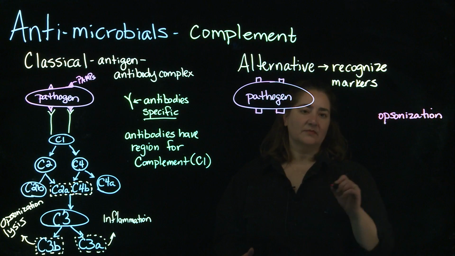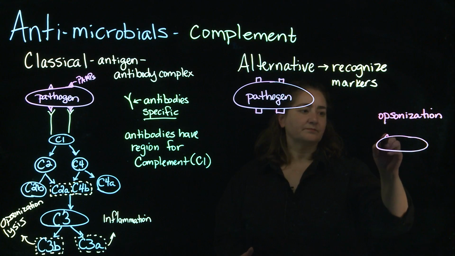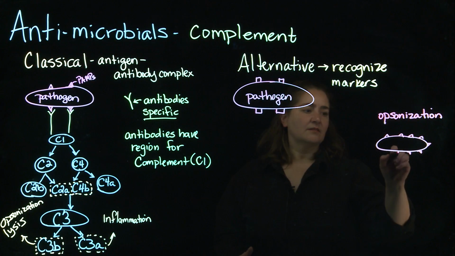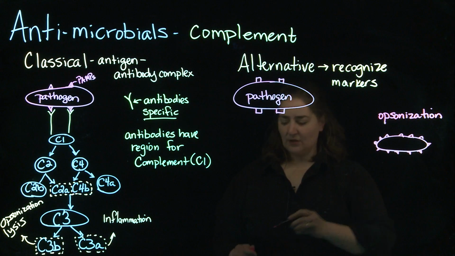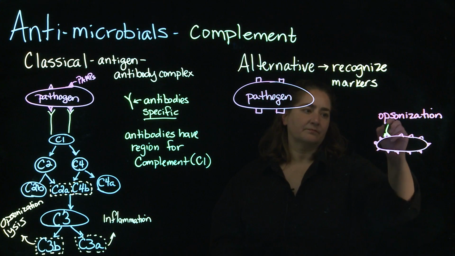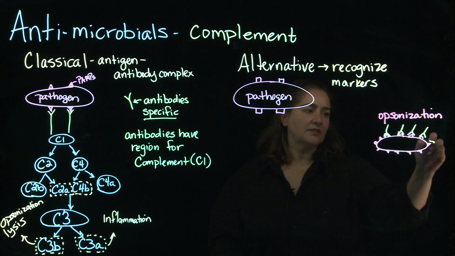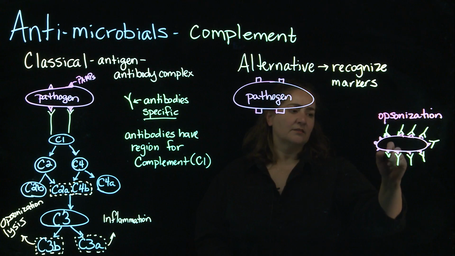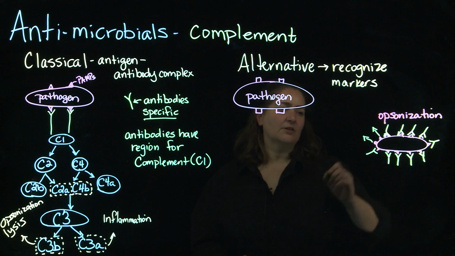In terms of opsonization, what we've got essentially, you've got those markers on the outside of the bacteria cell, the microbe. With opsonization, you're essentially talking about antibodies binding all around the outside, on those markers.